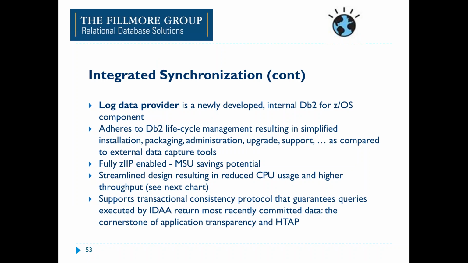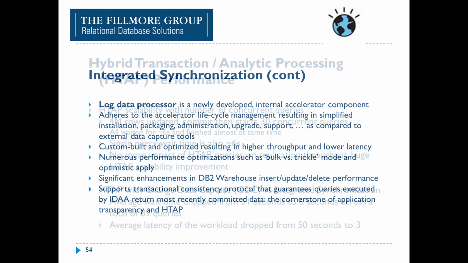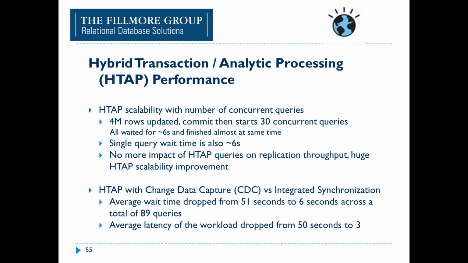You'll be able to read these in terms of details, but I did want to show you the differences in performance. Right down here in the bottom, HTAP with CDC versus integrated synchronization. The average wait time to run the queries in the lab test went from 51 seconds to 6 seconds across a total of 89 queries.